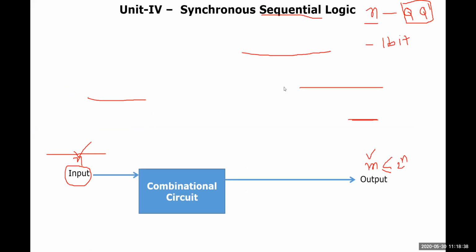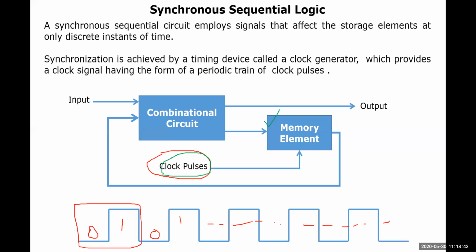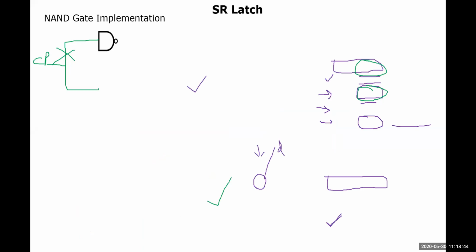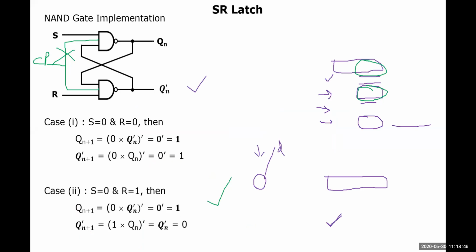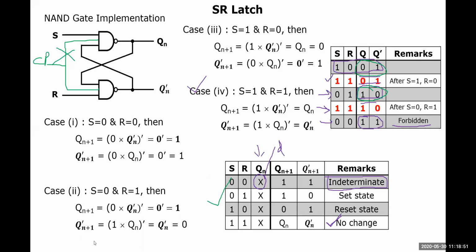Today we would like to recall the SR latch one more time. This is the SR latch, and one specific problem with the SR latch is that this particular latch does not have any clock pulse or enable.